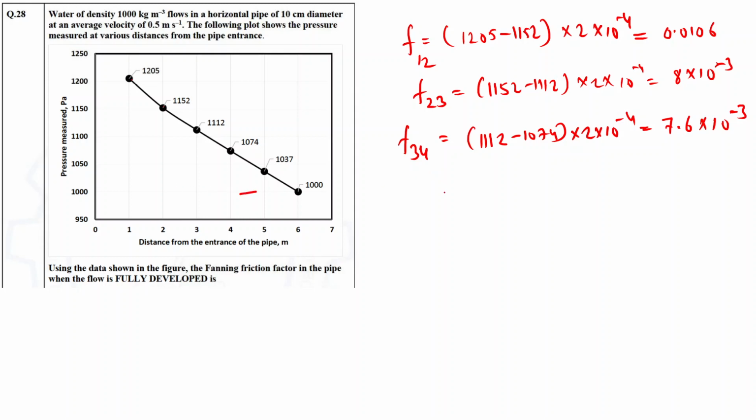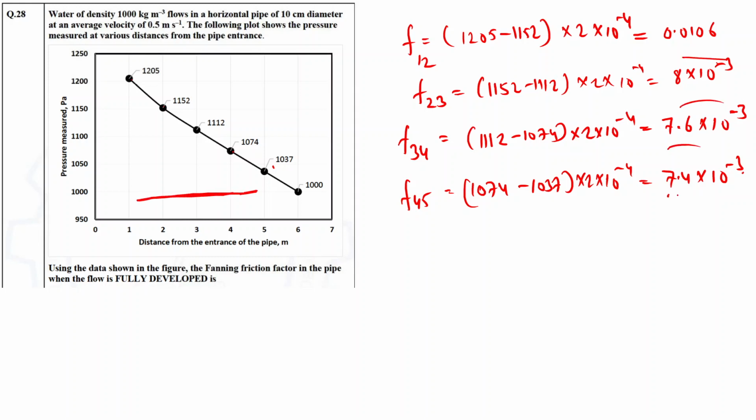Now for the 4 and 5 section, we can write F45 as 1074 minus 1037. That is 37 into 2 into 10 raised to minus 4, which will be 7.4 into 10 raised to minus 3. So we can say that until here the flow hasn't been fully developed yet, since the friction factor is changing in each of these cases.